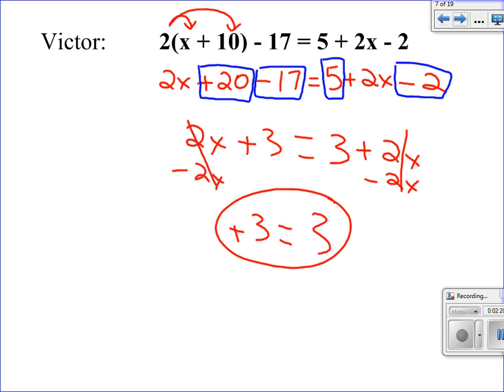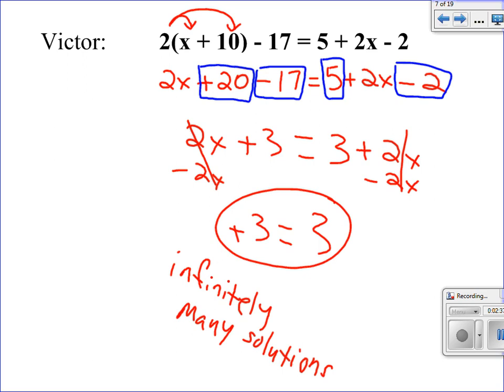In class, we talked about when the variables cancel out and you're left with a number equals a number, if they're exactly the same, there are infinitely many solutions. If you canceled out the variables and the two numbers weren't the same, that's a different situation. But when they are the same, something like 3 equals 3, then you get the same answer.